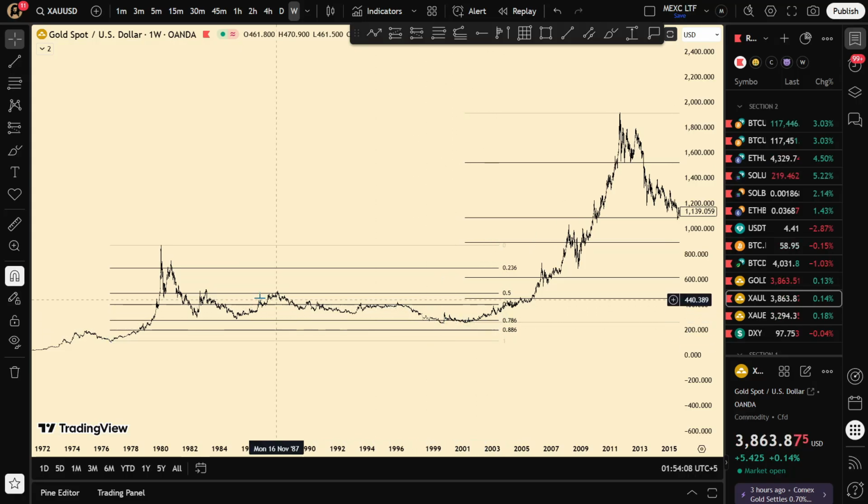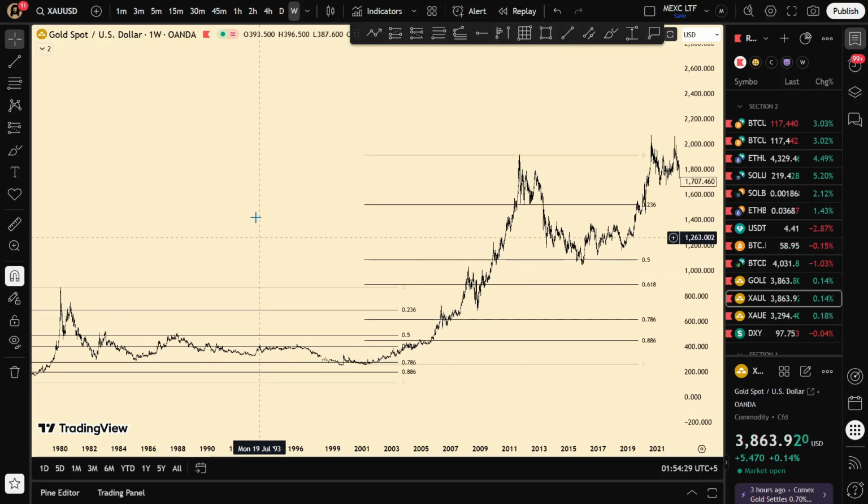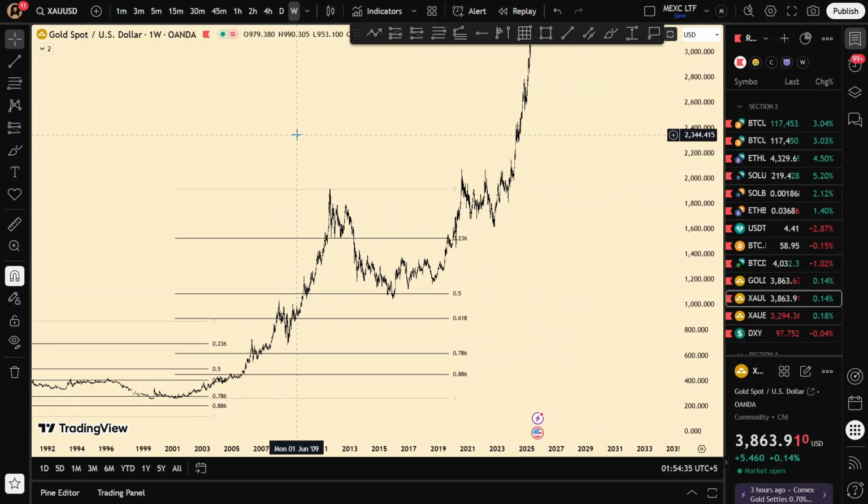So that was a 20-year consolidation, low, bottom, like the whole market psychology thing. And it took gold almost 38 years to break its previous all-time high. So gold can take ages, sometimes it might just outlive us, but this is how it works.